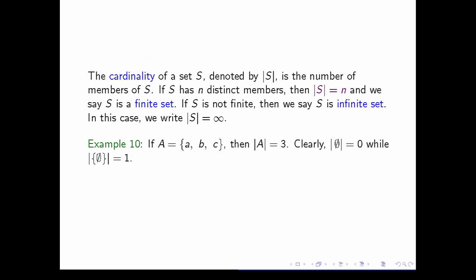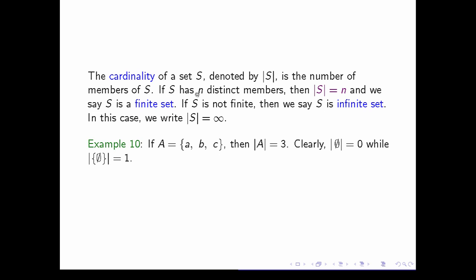Okay, now we talk about the cardinality of a set. It's actually very simple. The cardinality of a set is the number of members in the set. It is denoted by the absolute value bars around that set.